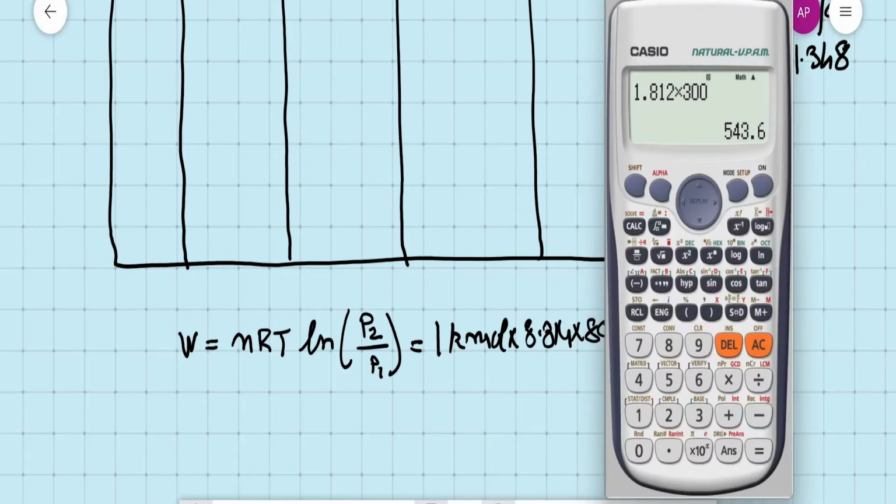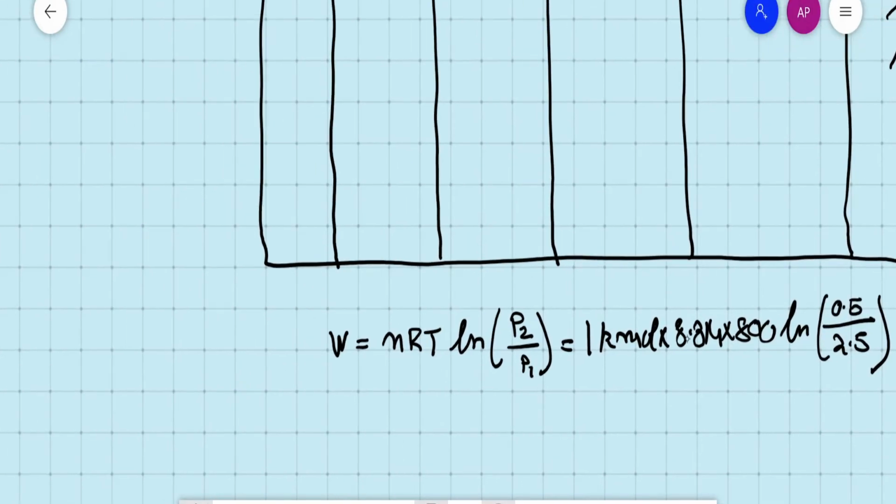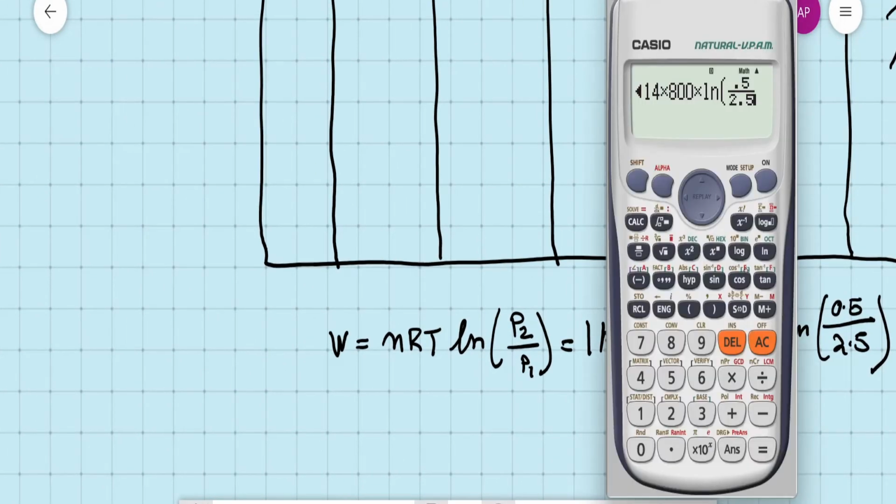Now the value for this is 1 into 8.314 into 800 into ln of 0.5 divided by 2.5. This is equal to minus 10,704.69.